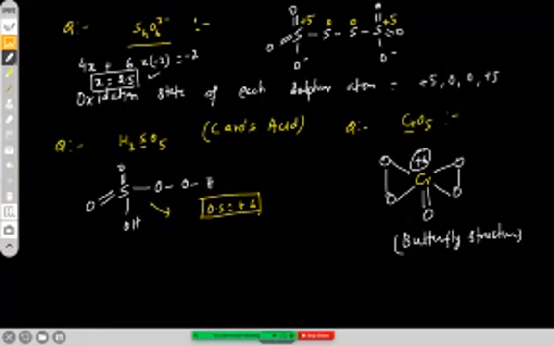Right, so Caro's acid has peroxy linkage. CrO5 has peroxy linkage. Okay, and one more structure, there is CrO8 3 minus.